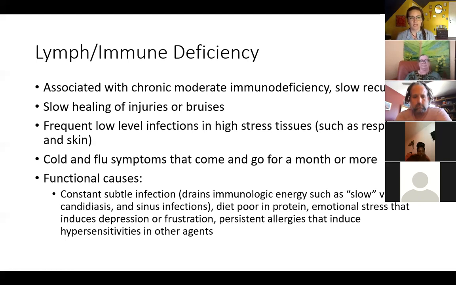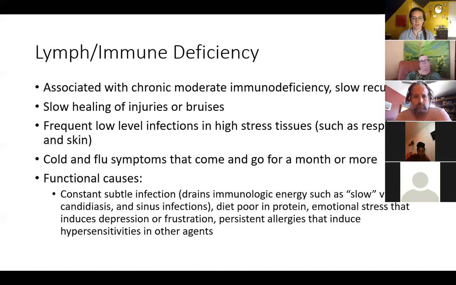This can also be slow healing of injuries or bruises, and frequent low-level infections in high-stress tissues, such as respiratory and skin. Like the cough thing, having that respiratory, sinusy stuff.